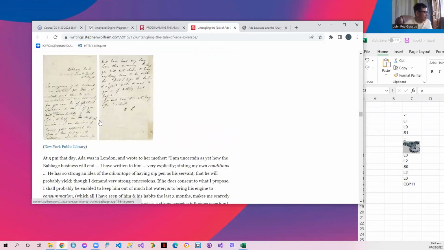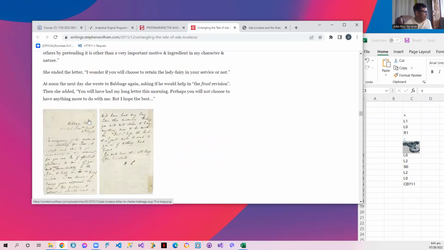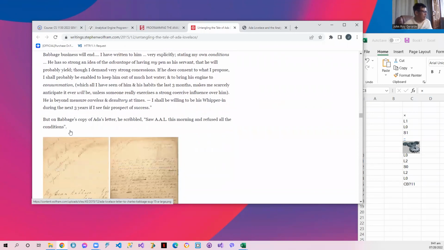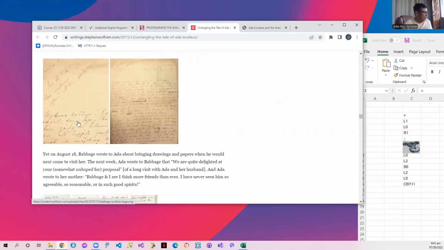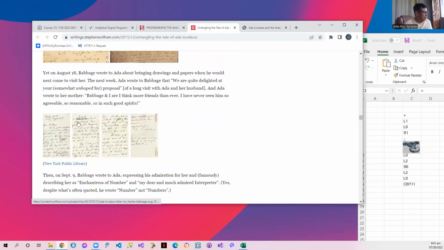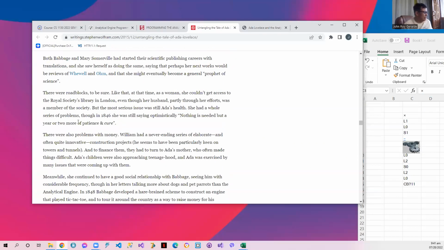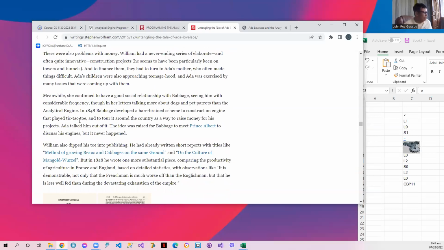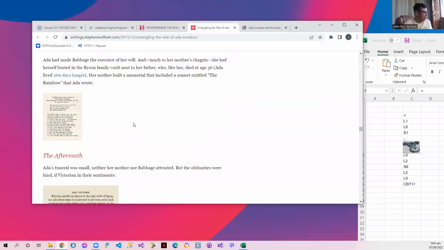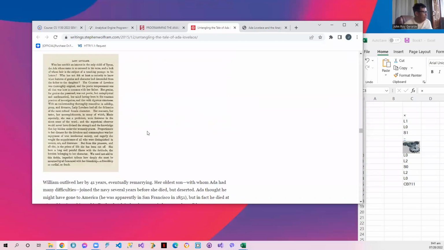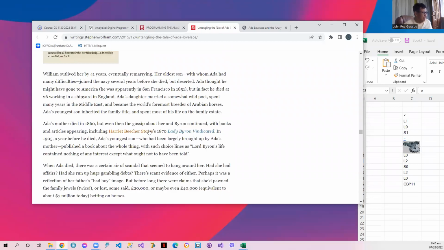And right after, the next day, she wrote again for a final revision that she suggested to be made on the analytical engine. So there was an actual correspondence between Ada Lovelace and Charles Babbage.